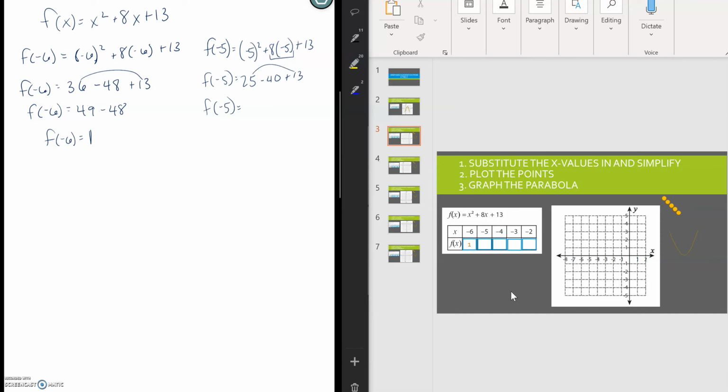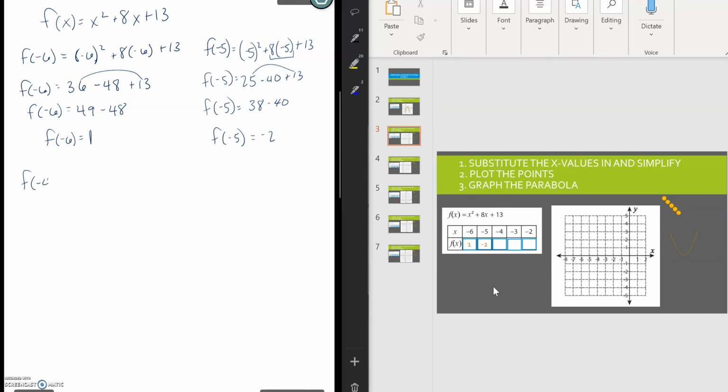So 25 plus 13 would be 38, and that's just going to make the addition and subtraction easier. 38 minus 40 would be -2. So when our x value is -5, our y value is -2.